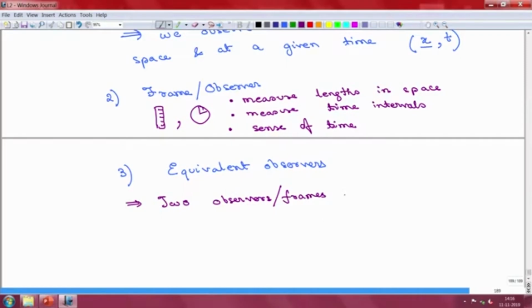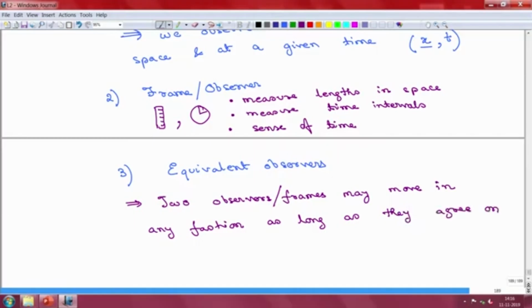if they are moving. These two equivalent observers may move in any fashion with respect to each other, as long as they agree on one, lengths, two, time intervals, and three, the sense of time.